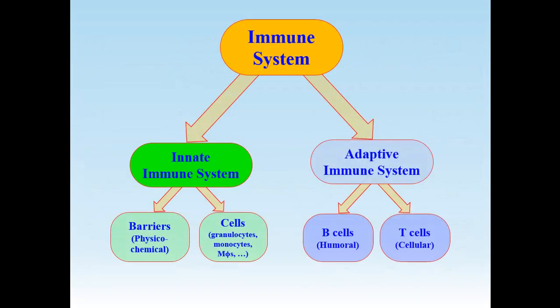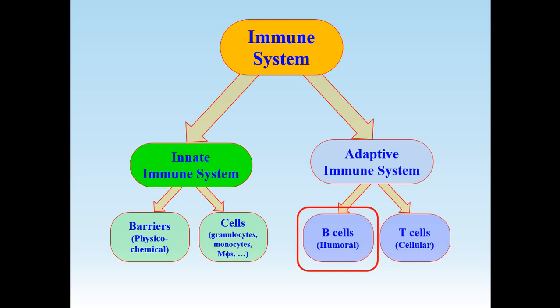I'm going to start from this very general schematic representation of the immune system. You know from previous classes that the immune system has two major arms. One arm is called the innate immune system, and that is the part which lacks memory and specificity. The innate immune system is composed of physicochemical barriers and some cells, mostly phagocytes. And then we have another arm, which is called the adaptive immune system, and that is the part that has memory and specificity.